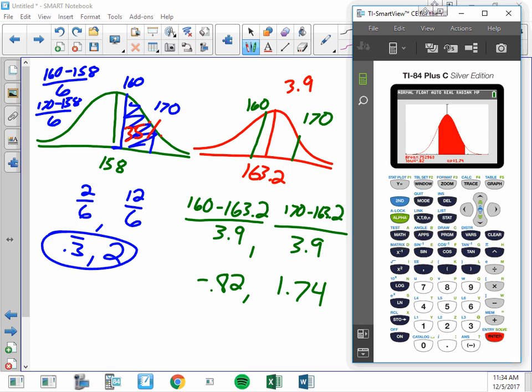And now we end up with 75%. So this area here would be 75%.